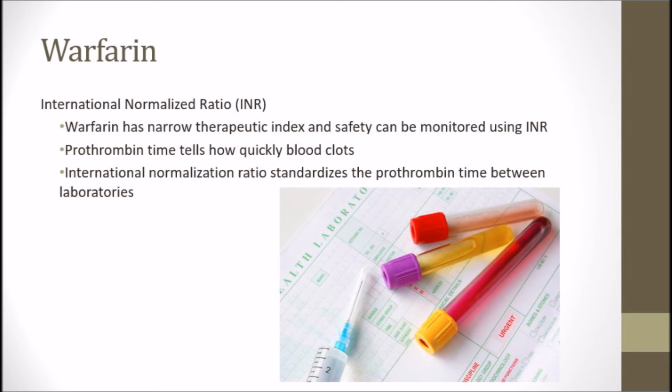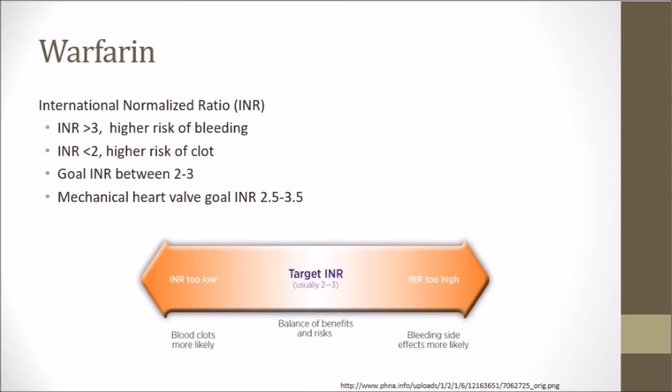So, what type of INR are we looking for? What's a good INR? What's a bad INR? This picture right here pretty much sums it up very easily. Your target INR for most people is going to be between 2 and 3. The exception is for people who have mechanical heart valves.